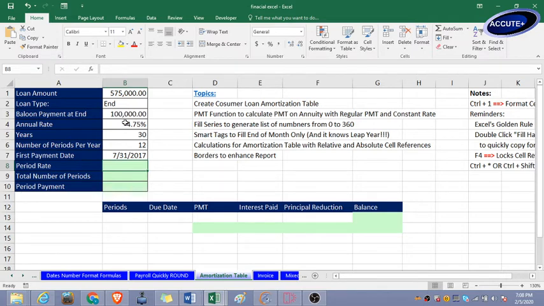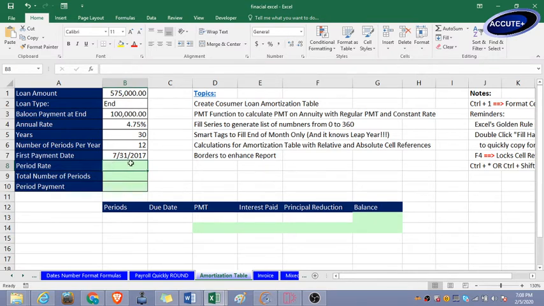Then the annual rate is 4.7. The number of years is a 30-year loan. Number of periods per year is 12, meaning that this payment must be done monthly. Then the first payment date is on this date.